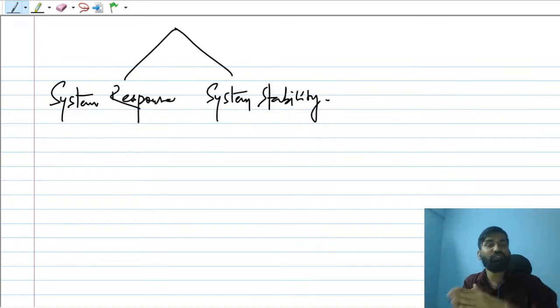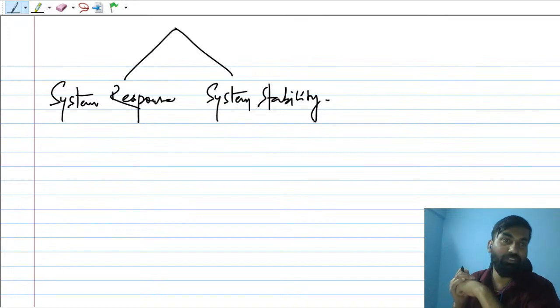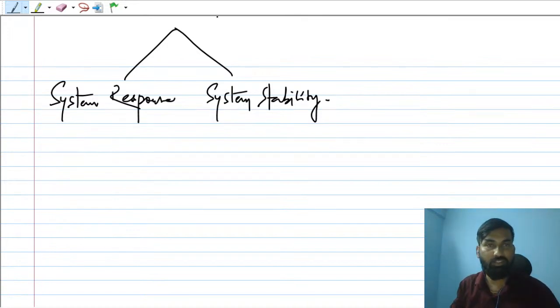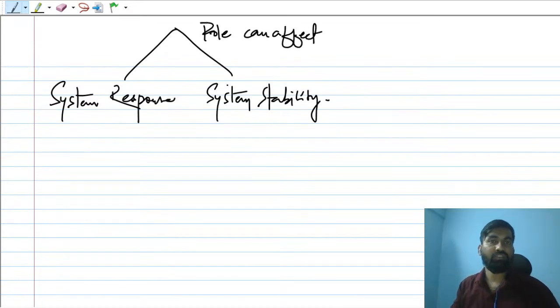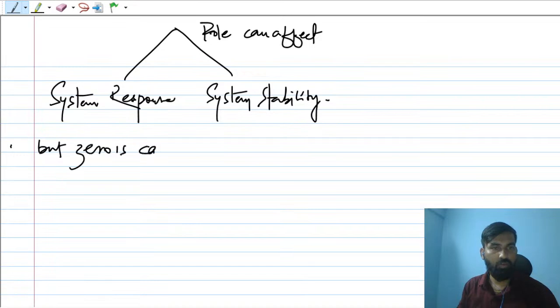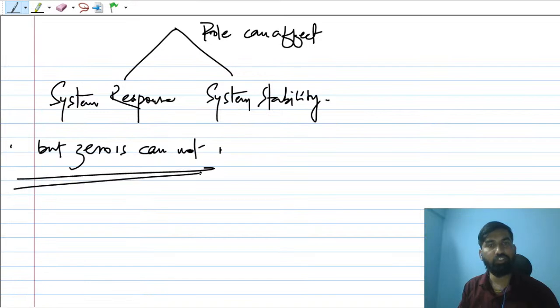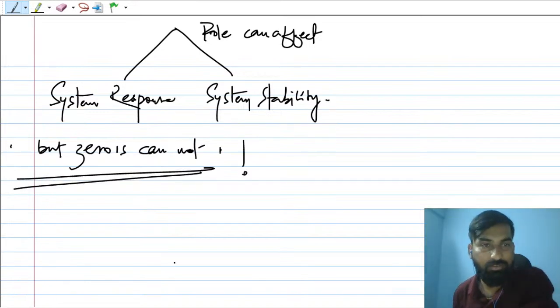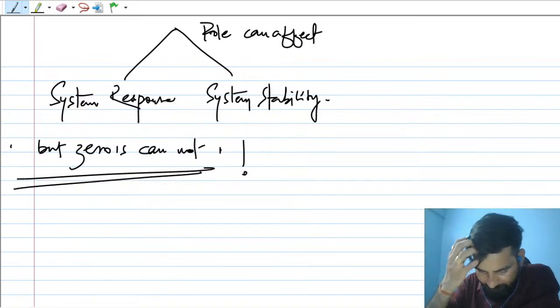System response and stability are characterized by the poles. Poles can affect system response and system stability, but zeros cannot. You have to keep that in mind. This is a very important concept.